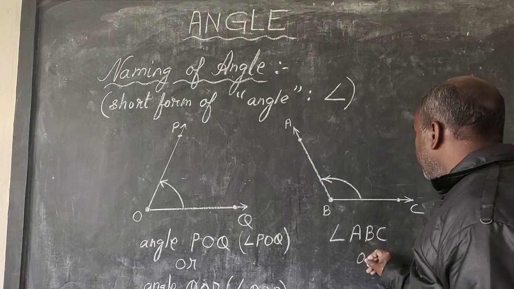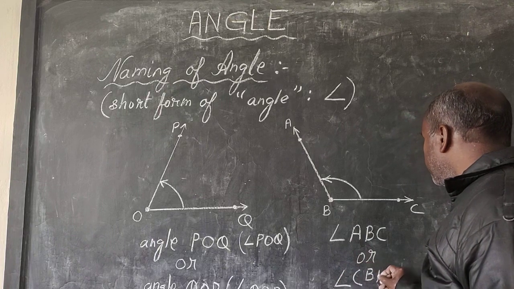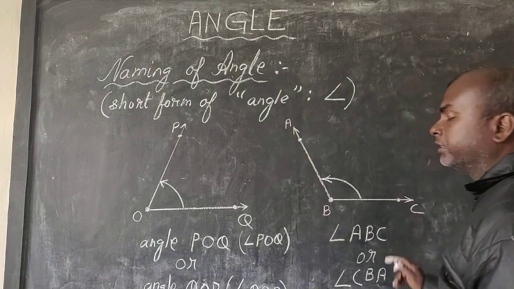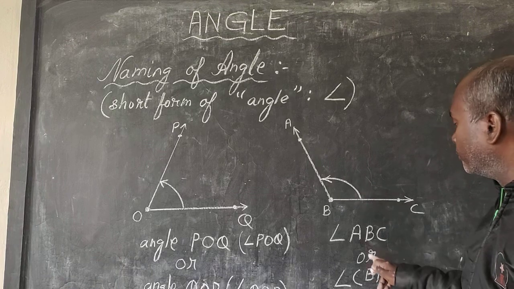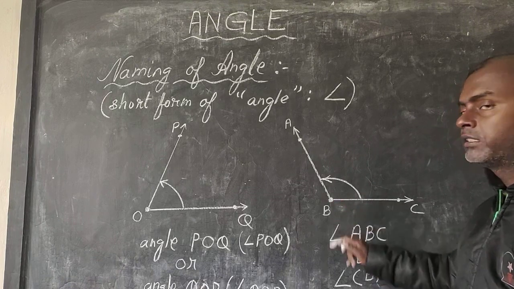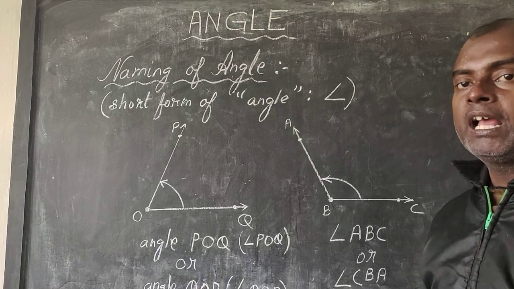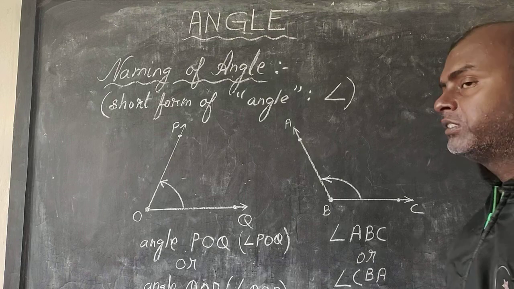So you can even write this as angle CBA or angle ABC. Both are the name of this angle. And in both cases, B, the vertex, should be in the center. So this is how we name an angle. The position of vertex in naming the angle remains in the center.